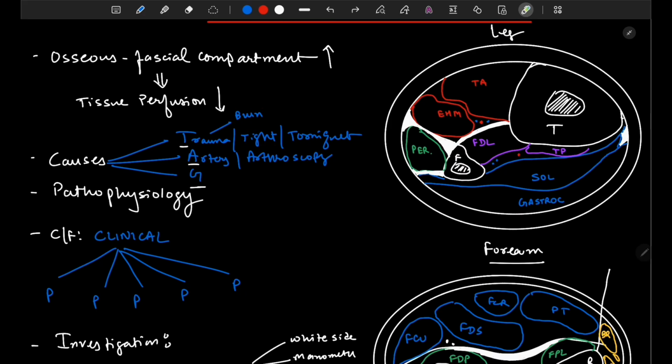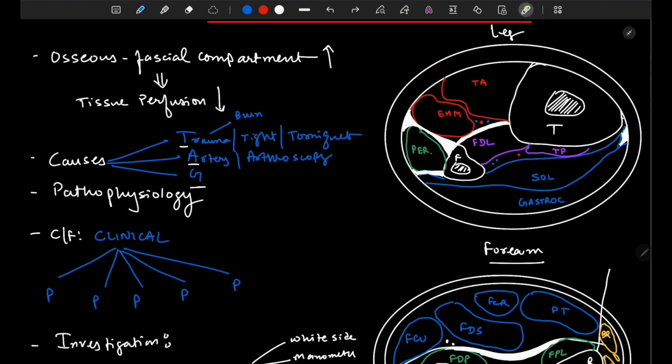Tight includes the casts and dressings we apply after post-op surgical procedures. The tourniquets can cause post-ischemic swelling and reperfusion. A stands for artery: arterial injuries, bleeding disorders. Arthroscopically, there can be fluid extravasation or IV fluid extravasation. G stands for gunshot injuries.